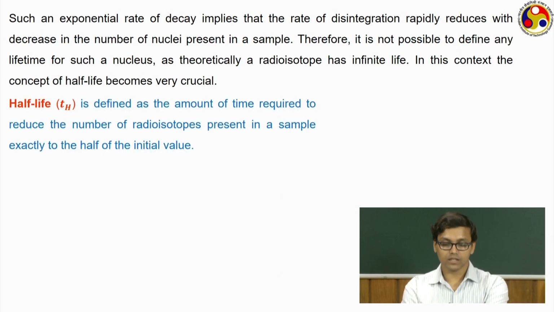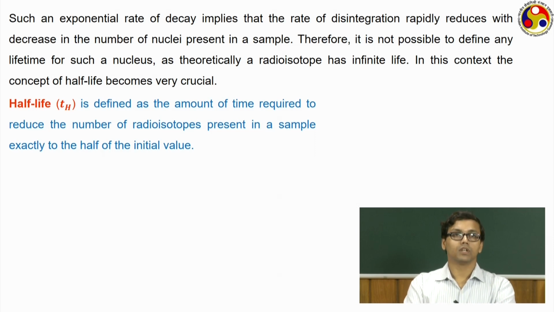Half-life is defined as the amount of time required to reduce the number of radioisotopes present in a sample exactly to half of its initial value. That means, if the initial number of radioisotopes in a sample is N naught, then the time it requires to have exactly N naught by 2 isotopes in the sample is called the half-life.